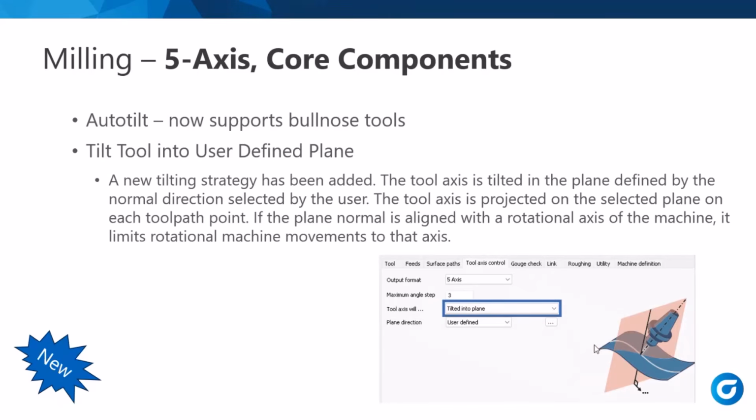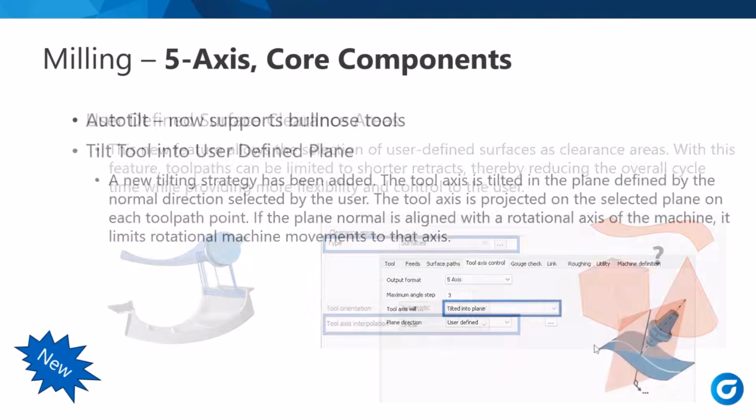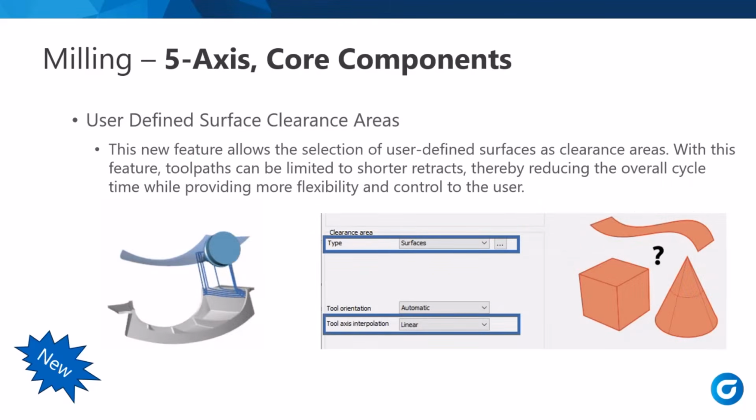We also have a new tilt tool and user-defined plane function. Those of you who use 5-axis know you have a very long list of tilting options, and now we're adding another one, tilting into plane. And the same thing with clearance areas.